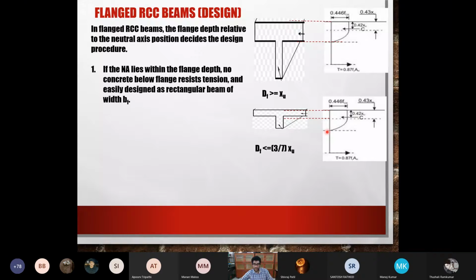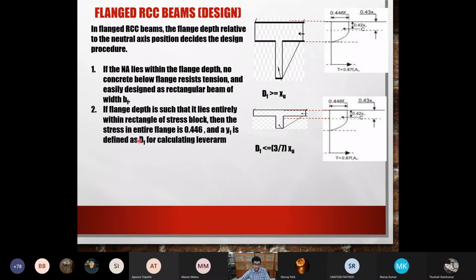This is just geometry. So whenever my depth of the flange is lesser than 3/7 of XU, that means my flange is going to lie within this rectangle. It is going to lie within the rectangular portion of the stress block.